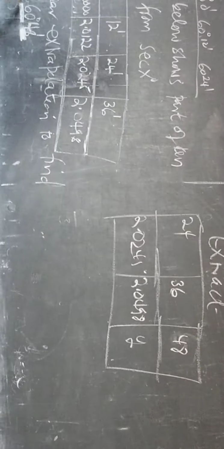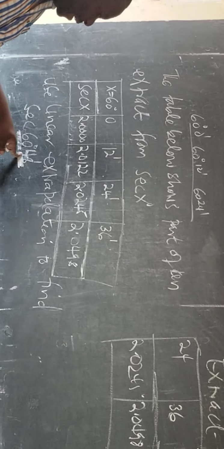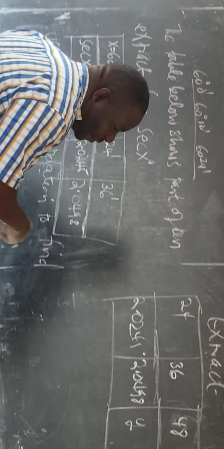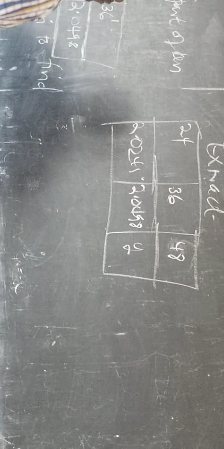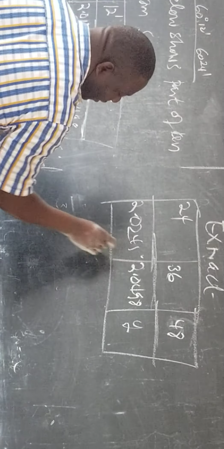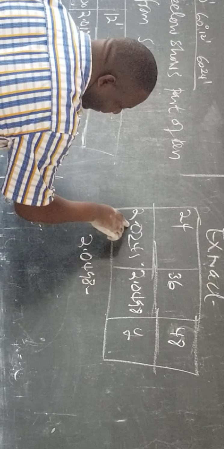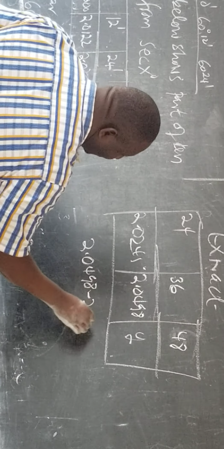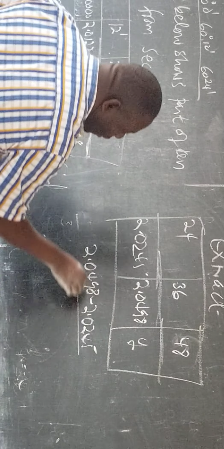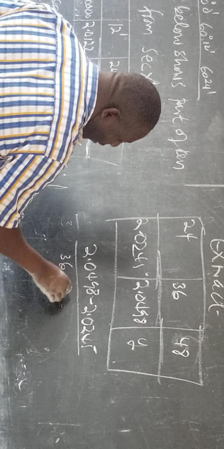So to get the sec of 60 degrees and 48 minutes, we use the method of the gradient, change in y over change in x. We start with the two known points, starting with the change in y: 2.0498 minus 2.0245 over 36 minus 24.